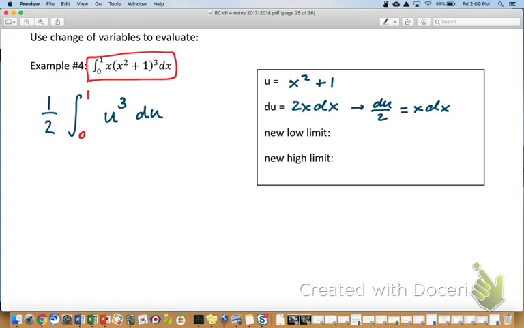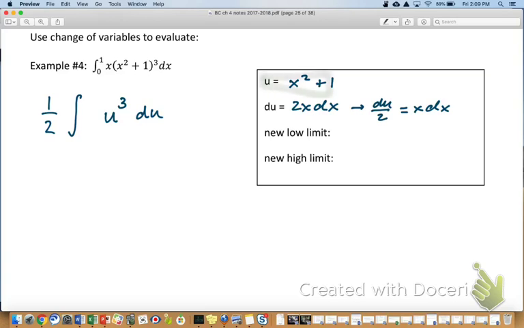So we've got to replace the 0 and the 1 with something that does make sense. They need to be in terms of u. No longer should they be in terms of x if we're going to do it this way. So the old low limit was 0. How do you think I could come up with the new limit in terms of u? Isn't u equals x squared plus 1 the only thing that relates u's and x's?